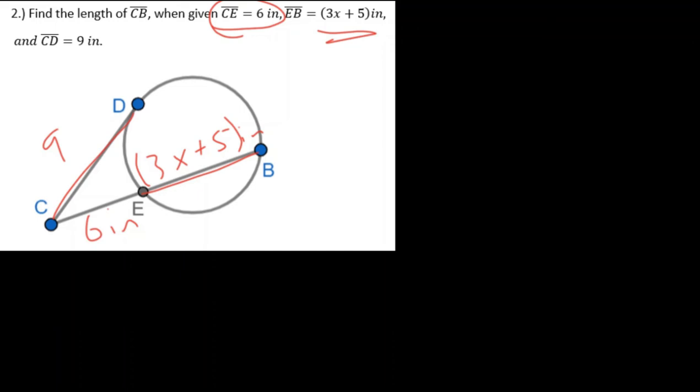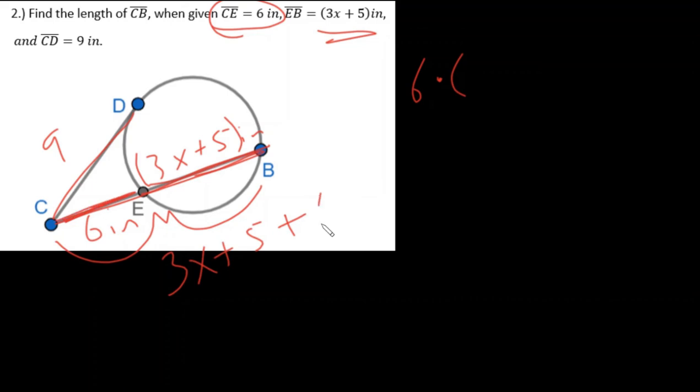Now, when I look at this, we want to first take a look at the secant, and if you'll recall, our secant will always be the outside piece, which is 6 times the entire thing, which in this case would be 3x plus 5 plus the outside, 6. And when I look at this, I ask myself, what are my like terms?